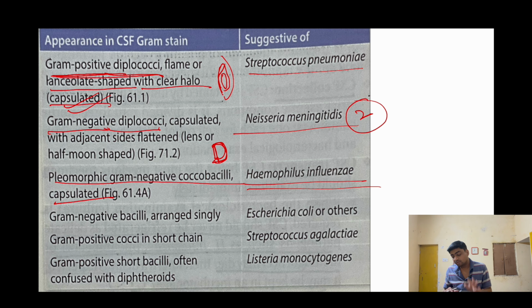If the meningitis is caused by E. coli or other gram-negative bacteria, then these bacteria are arranged singly, and Streptococcus agalactiae, which is a gram-positive coccus, is arranged in short chains.